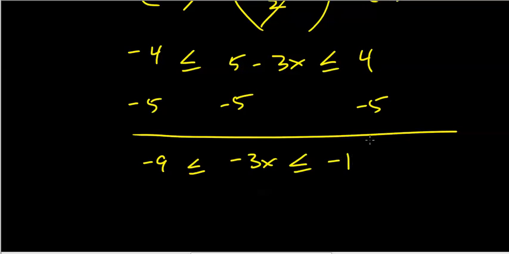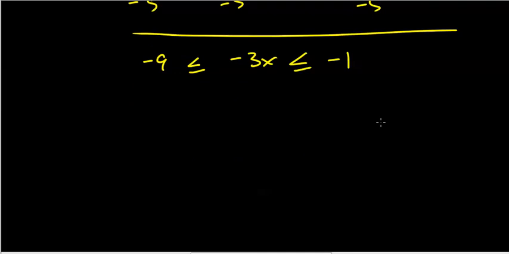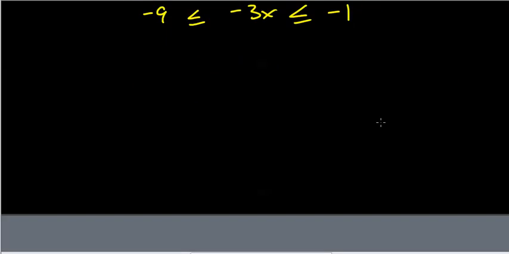Alright, now here's where we got to be careful. Of course, I want to divide each element here by minus 3, but to do that I need to reverse the inequality arrow. So let me go ahead. I'll show the division by minus 3 on each element here, but I've got to reverse the inequality arrows.